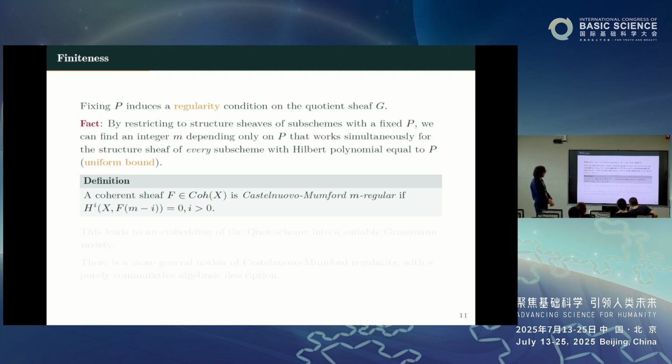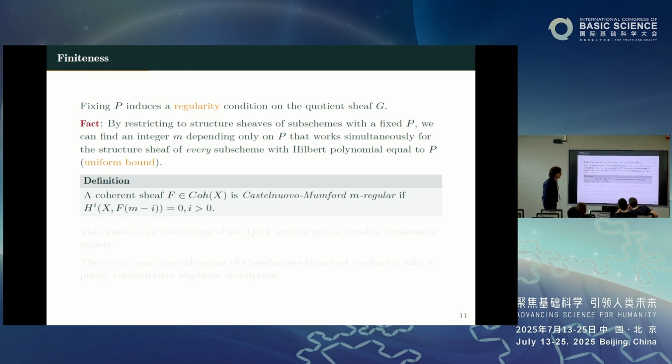It would be called Castelnuovo-Mumford M-regular if after twisting this coherent sheaf with a large enough integer, remember the variety is now projective, so I have a line bundle on it, so I can take O(1) to the tensor M. So this makes sense, the Serre twist makes sense. There is some large enough integer such that after twisting my sheaf large enough, the twisted sheaf doesn't have any higher cohomologies.